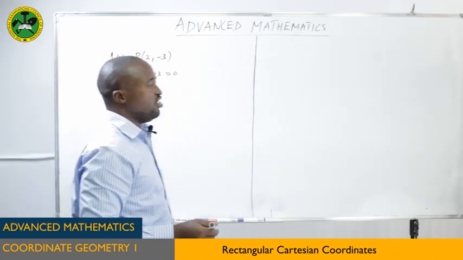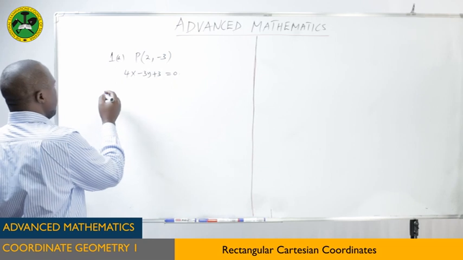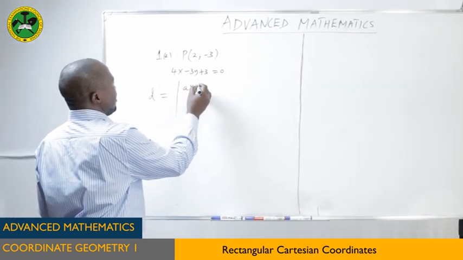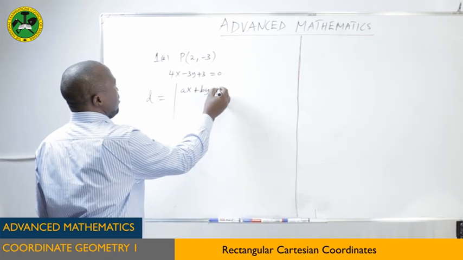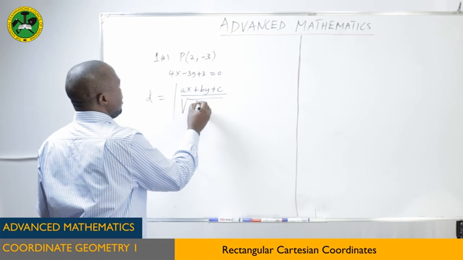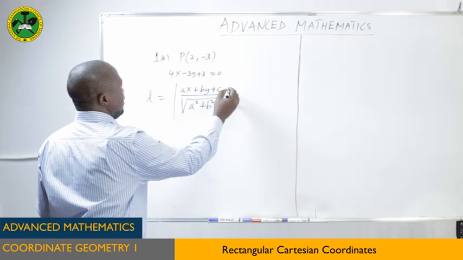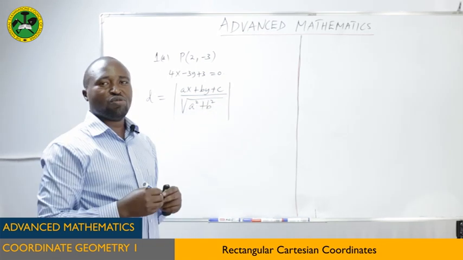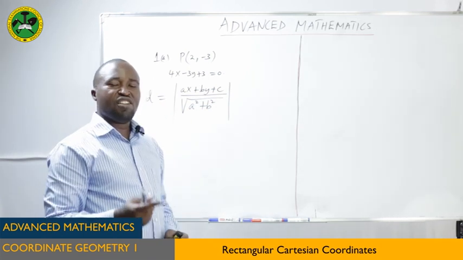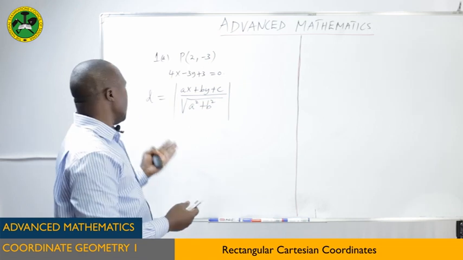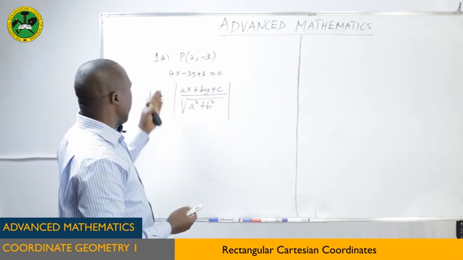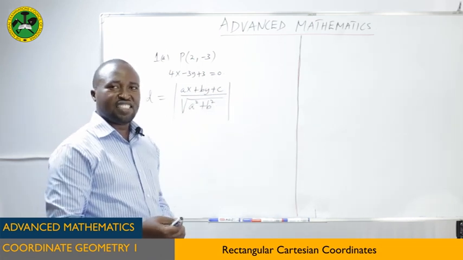So remember, our general formula to find the distance is D is equal to the absolute of AX plus BY plus C over the square root of A squared plus B squared. Again, that is absolute. My dear student, why are we using the absolute? That is to avoid a negative answer. Distance or length is always positive. So we are using absolute to avoid a negative.